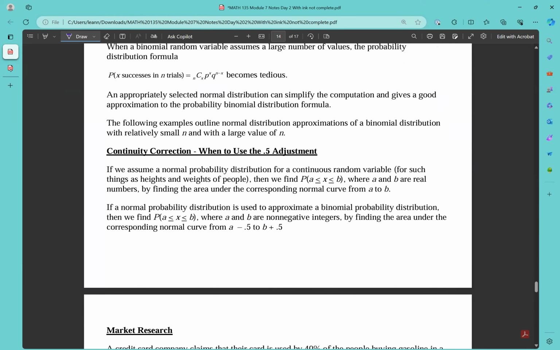Now, the big thing you have to be careful of, and I'm going to show you visually why we have to do this on the next page, is something called continuity correction. When we shift from a binomial distribution to a normal distribution, we must make 0.5 or half step adjustments. The reason for this is in a binomial distribution, remember each number of successes had a histogram bar.